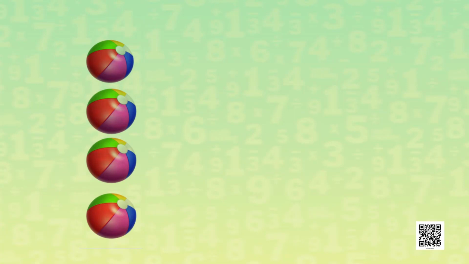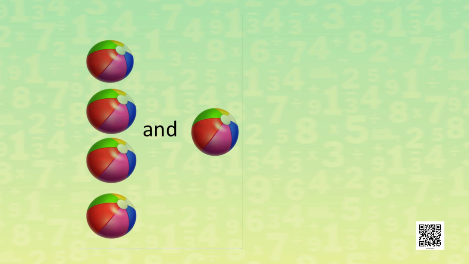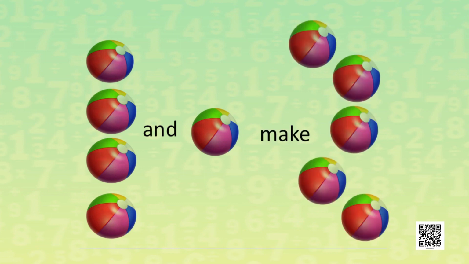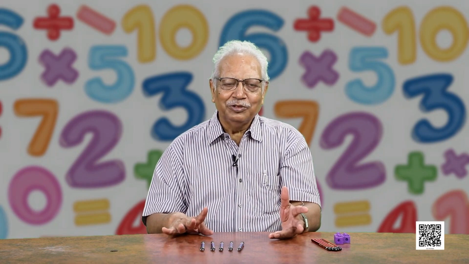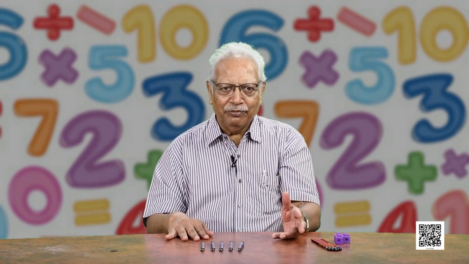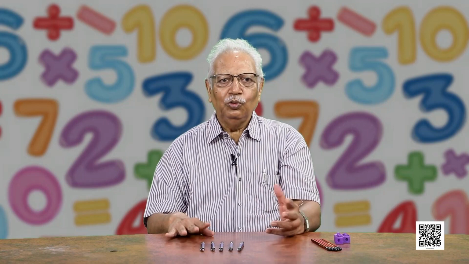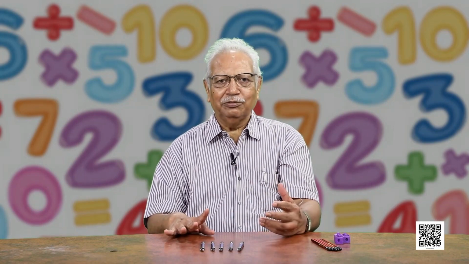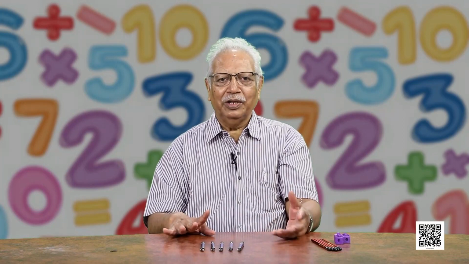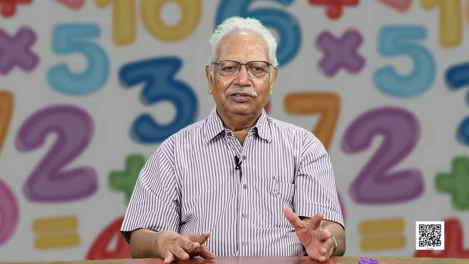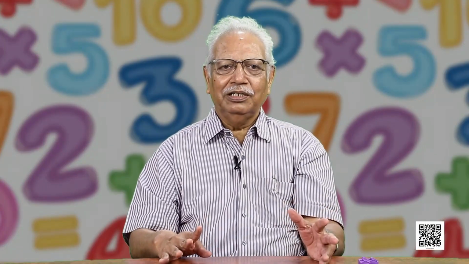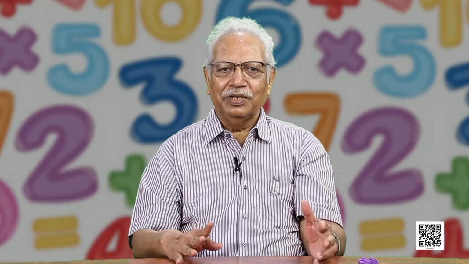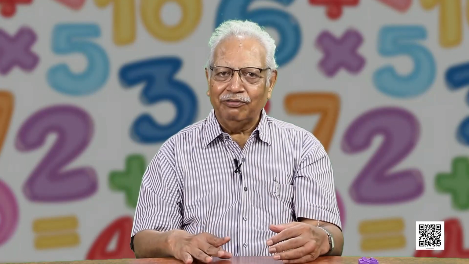And similarly, if we have 4 balls and we add one more ball to it, then it becomes how many? 5 balls. Yes. So, you know that 1 and 1 make 2, 2 and 1 make 3, 3 and 1 makes 4, and 4 and 1 makes 5. So, we have learnt how these numbers add up to make 5.